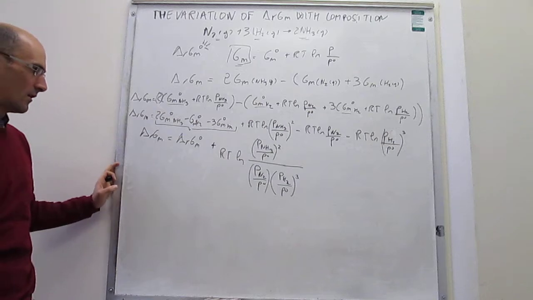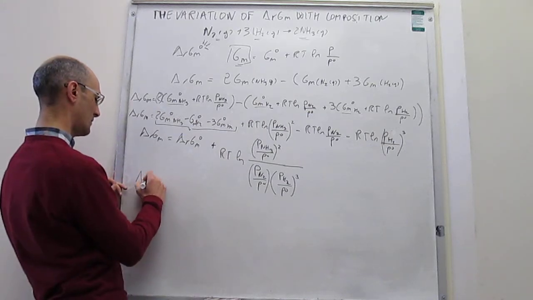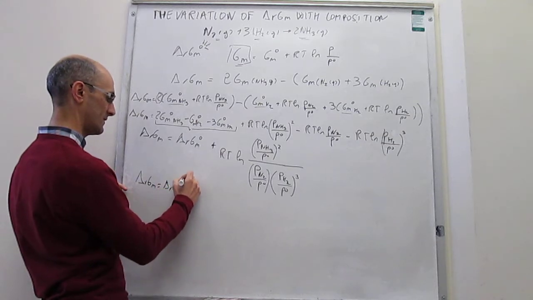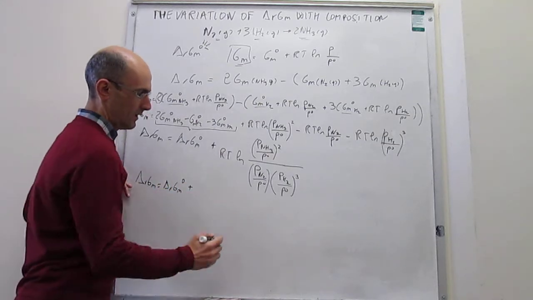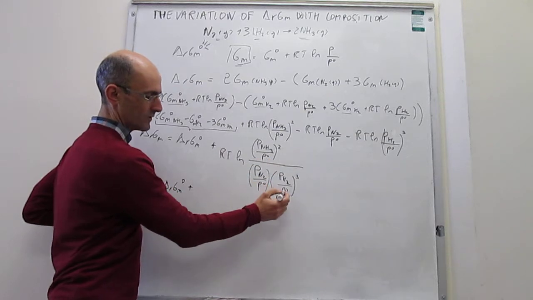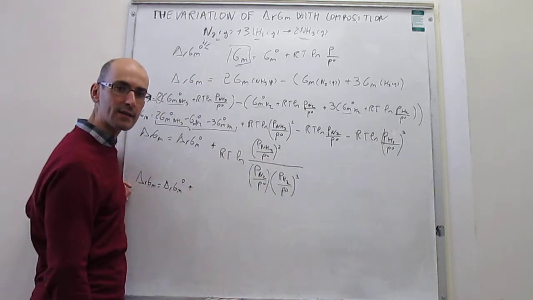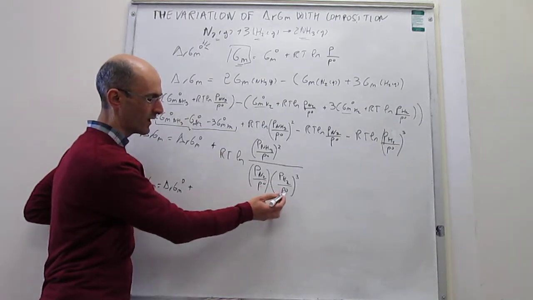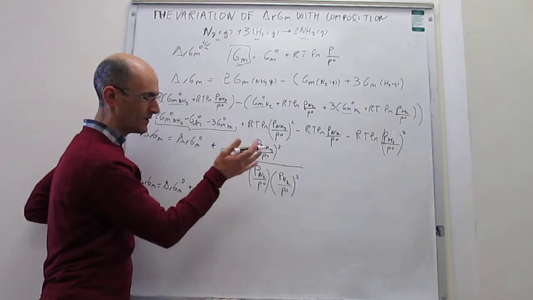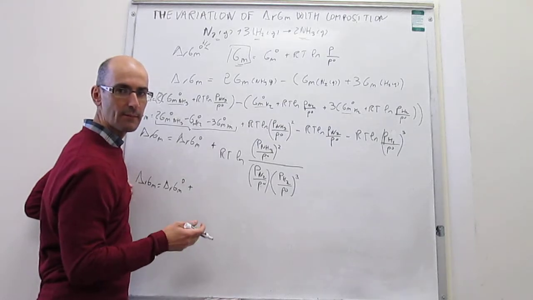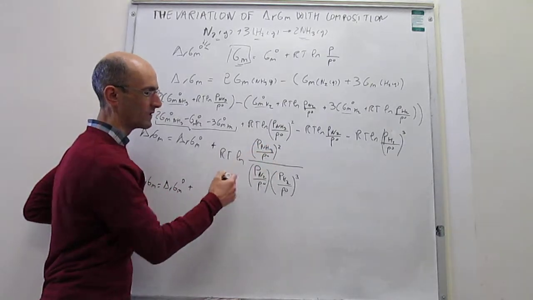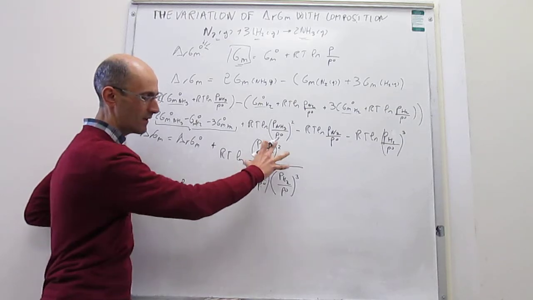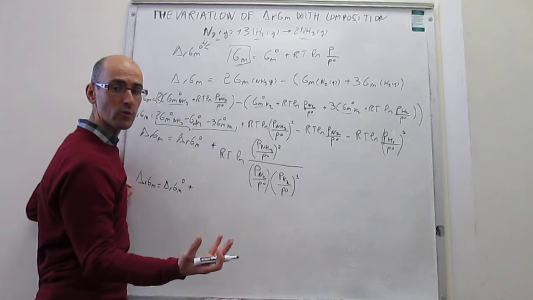Okay? Alright, so let's write this once more. Delta RGM at the standard state plus. Notice that by convention, the standard state is defined as everybody has a pressure of 1 atmosphere. So that is 1 atmosphere, that is 1 atmosphere, that is 1 atmosphere. Notice that we can cancel all those out, but that means that these partial pressures that we would need left over would need to have units of atmospheres, and then the units of all this will be none.